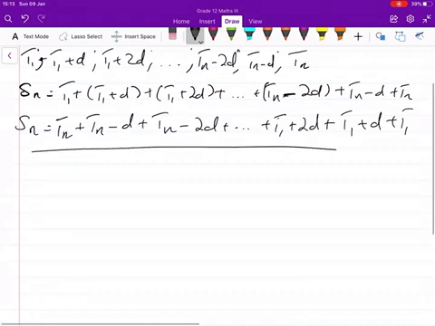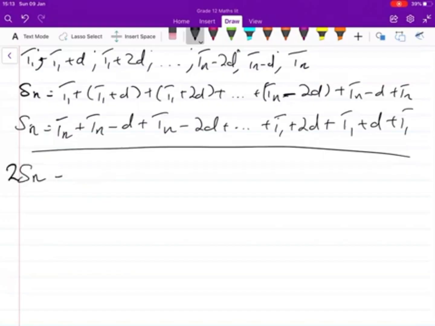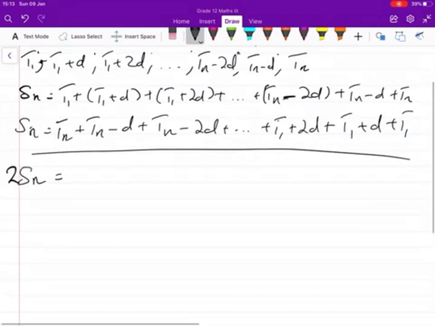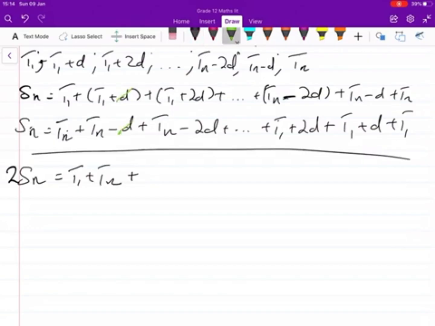Then Gauss said we should add these, so Sn plus Sn is 2Sn, right? And then T1 plus Tn. Notice what happens here, the D and the D cancel out so that you are left with T1 plus Tn. And notice the 2D and the 2D cancel out so that you have T1 plus Tn.